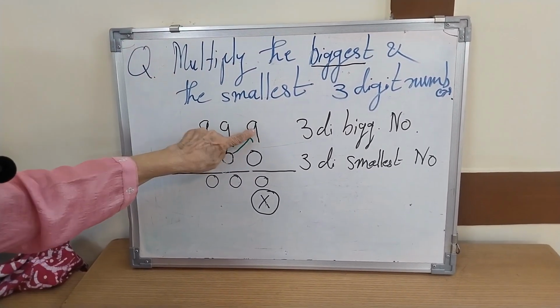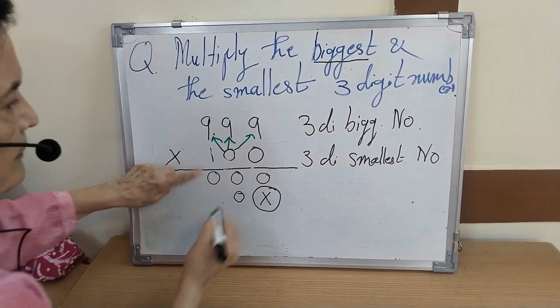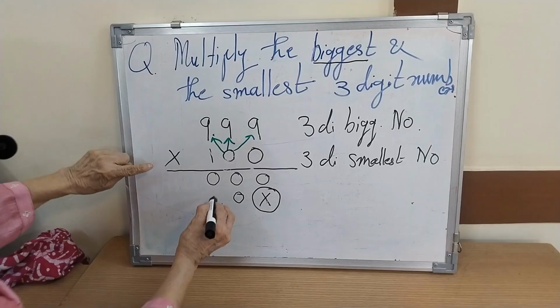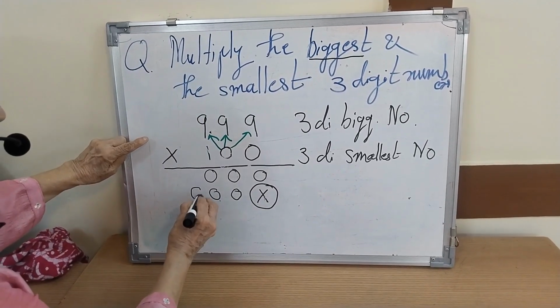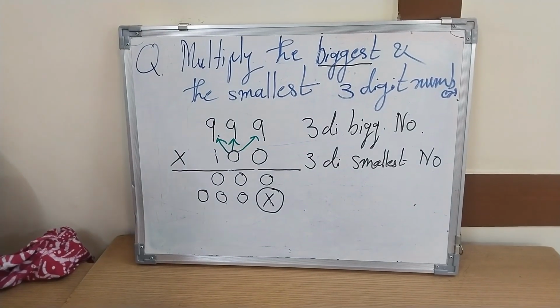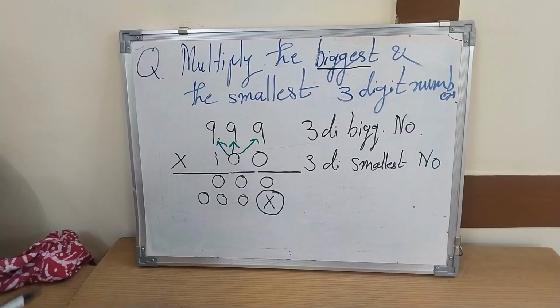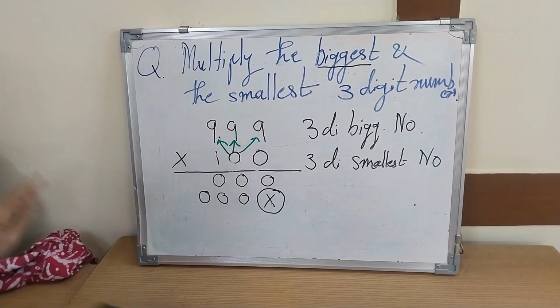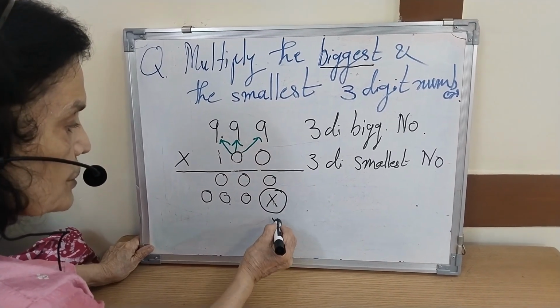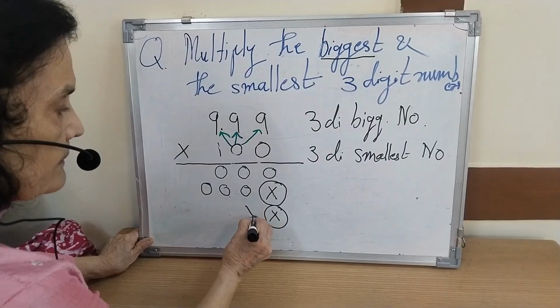So multiplication of this turns into a 0, multiplication of this turns into a 0, and multiplication of this turns into a 0. Now what remains is this one. First two places we have already used, and hence we have to show it by this symbol.